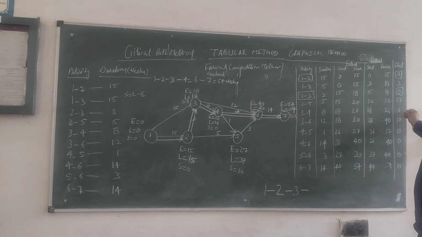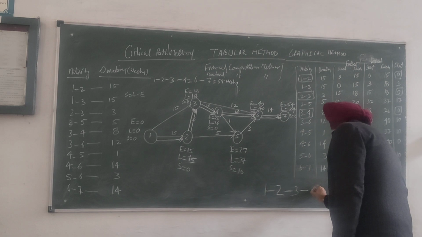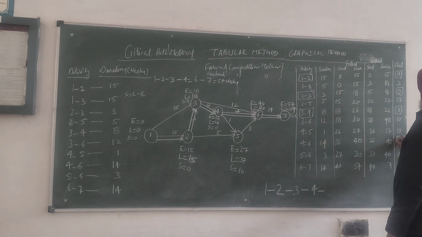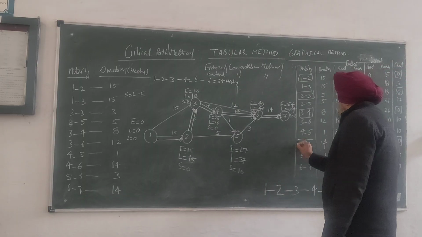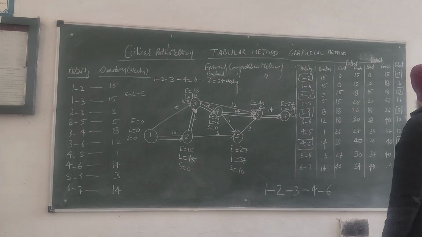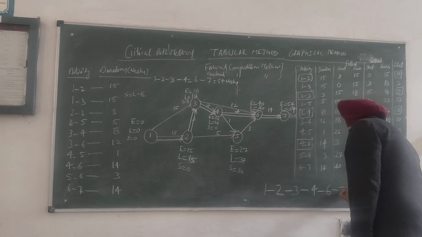Then after that, this is another 0, this becomes 3 to 4. Clear? Then after that, this is 0, this is 4 to 6. Another thing, sorry, this is 0 here. Last one, this is 6 to 7.